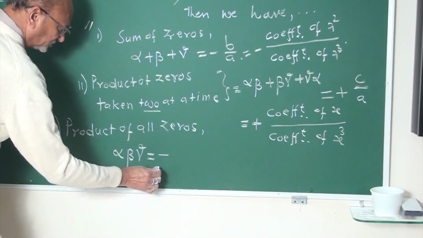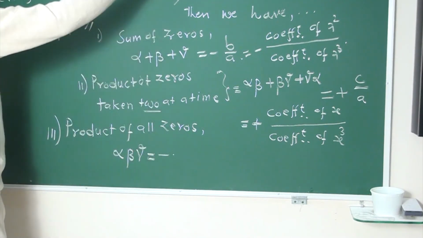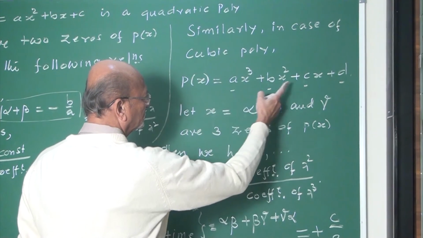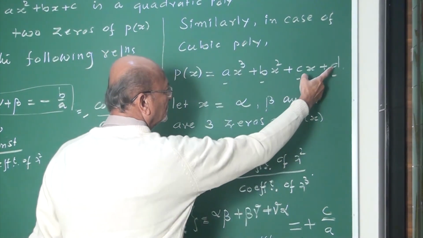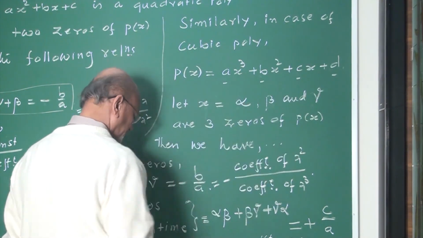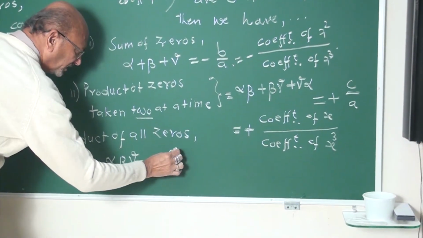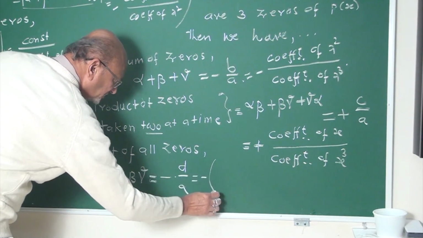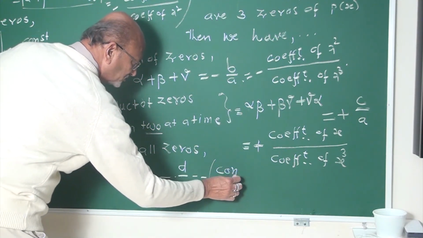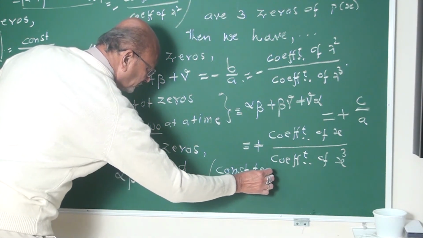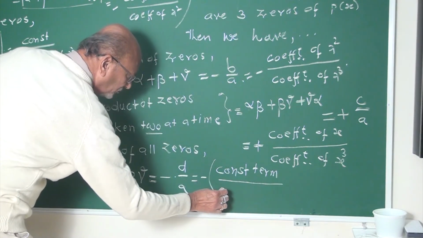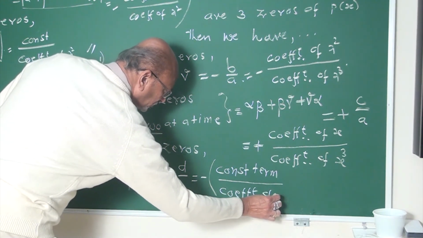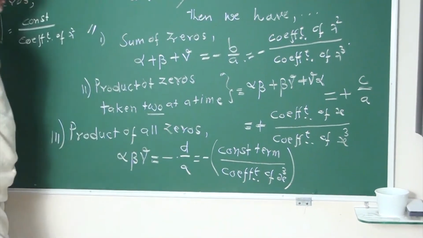Once again it comes minus into the last. The last one is the constant term divided by the first. It is minus d by a, where d is the constant term upon the coefficient of x cube.